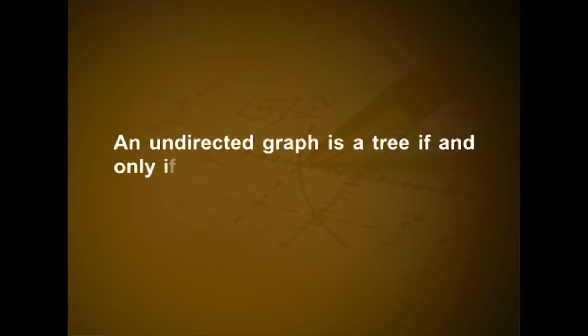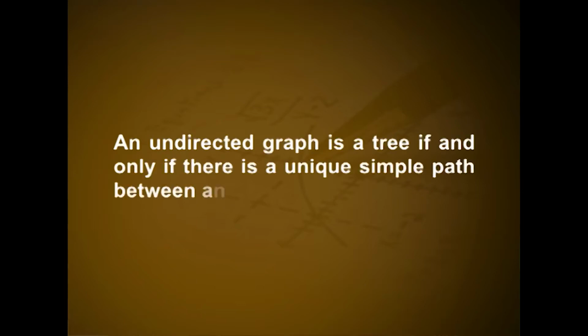Theorem 1. An undirected graph is a tree if and only if there is a unique simple path between any two of its vertices. Proof. First assume that T is a tree. Then T is a connected graph with no simple circuits.